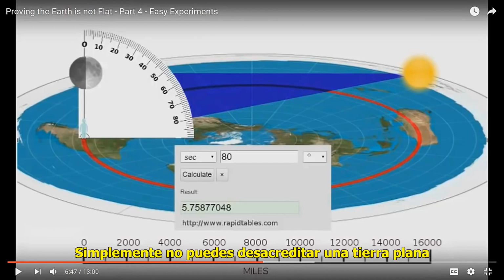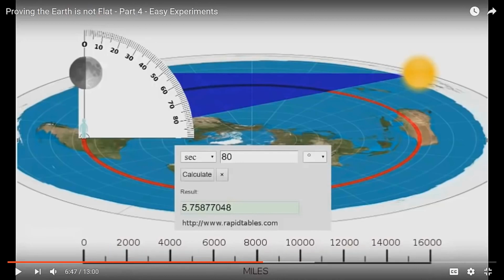You simply cannot debunk the flat Earth by using the false external reference frames that are used to illustrate the globe.